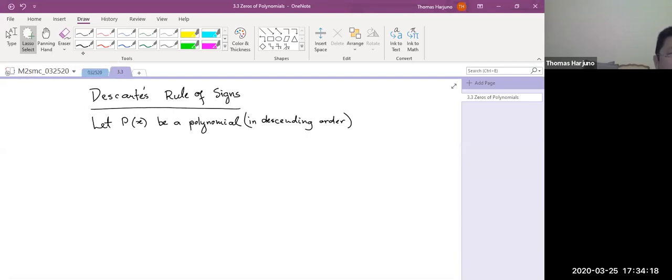First part, the number of positive zeros.